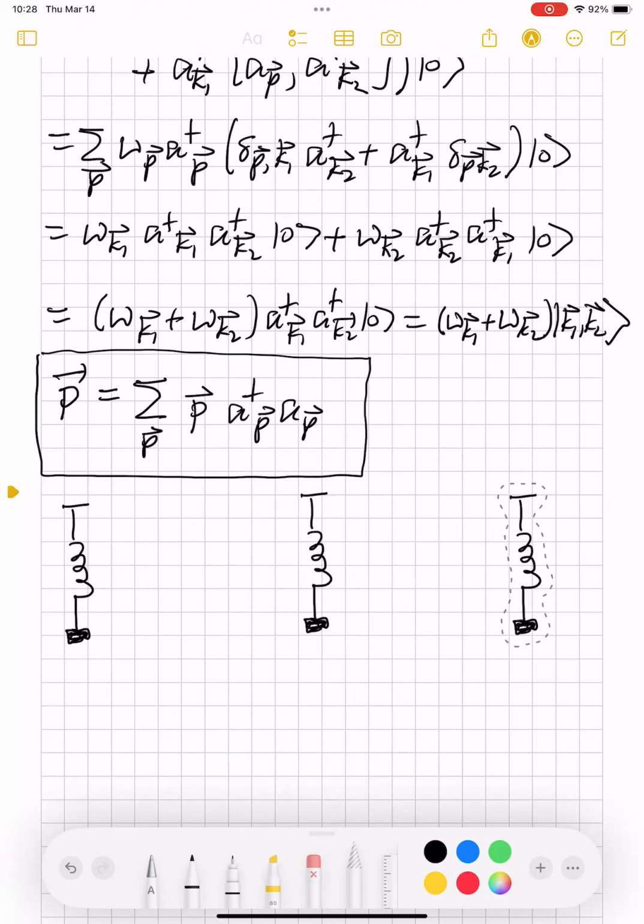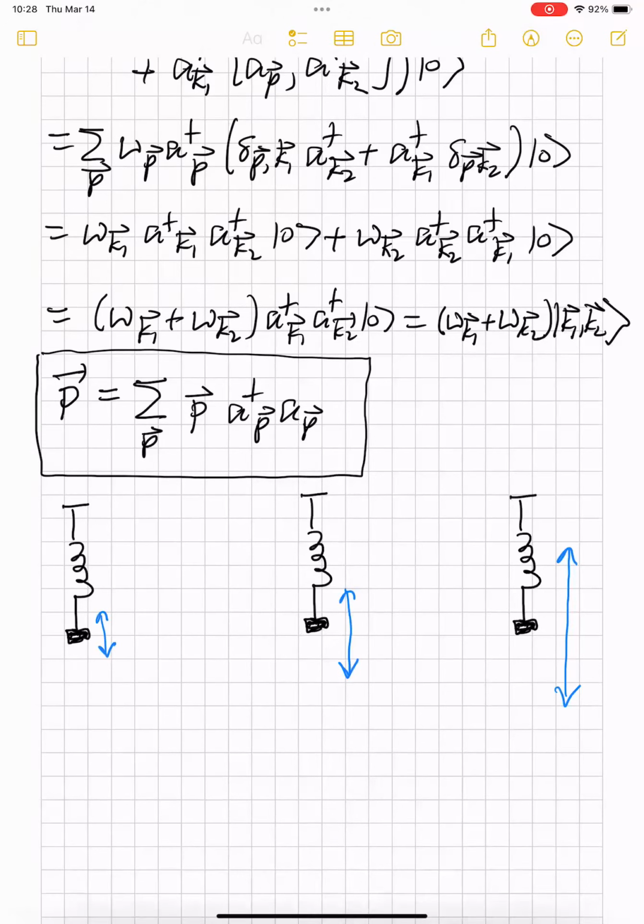And what we said was that in general, this oscillator will oscillate with some size of oscillations. And you can't oscillate with just any oscillations. There's a discrete set of oscillations that you can have. And by using the creation operator, we add one packet of energy to the system.